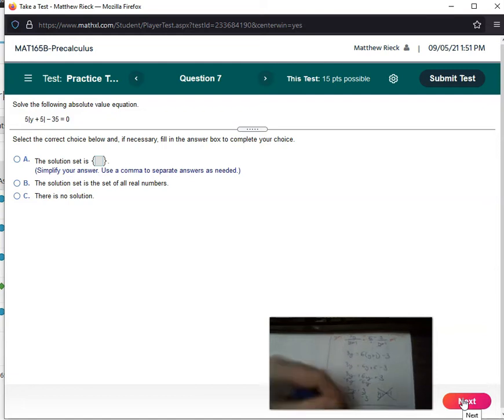So the next type of equation we talked about solving are equations involving absolute value. All right, so we have 5 times the absolute value of y plus 5 minus 35 equals 0.